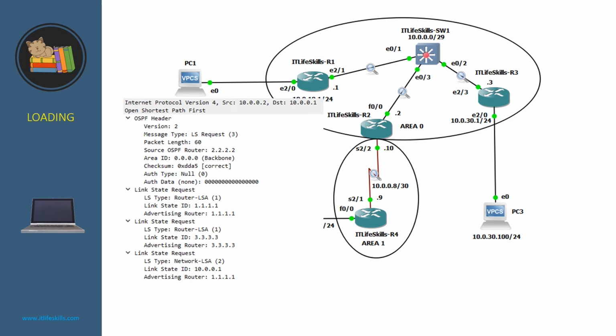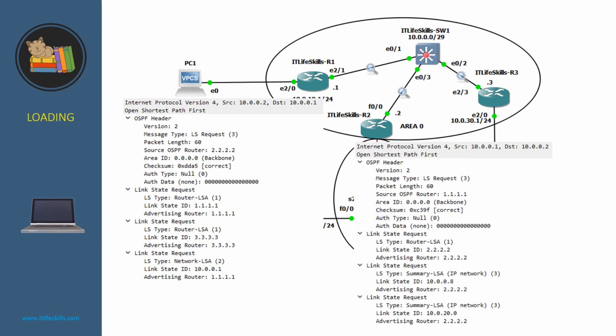As you can see, router 2 requests the router LSAs and the network LSAs from router 1. And here is the link state request that router 2 received from router 1. As you can see, router 1 requests the router LSA and the summary LSAs from router 2.